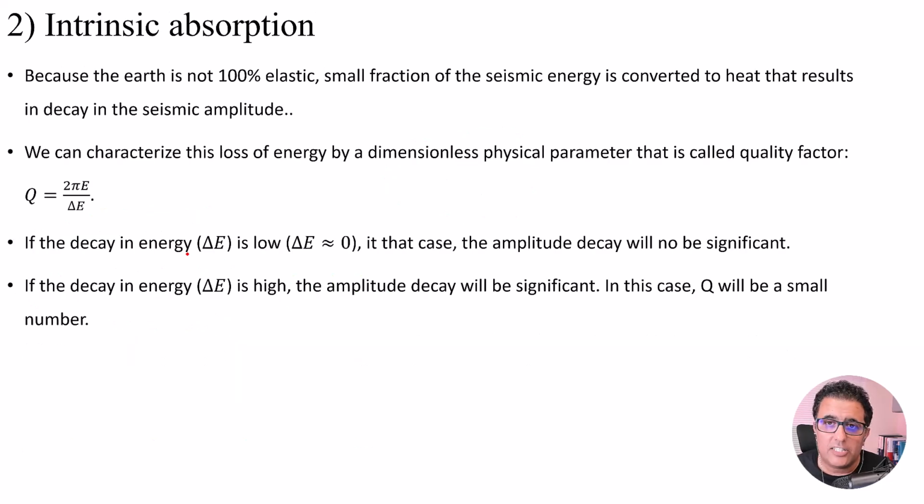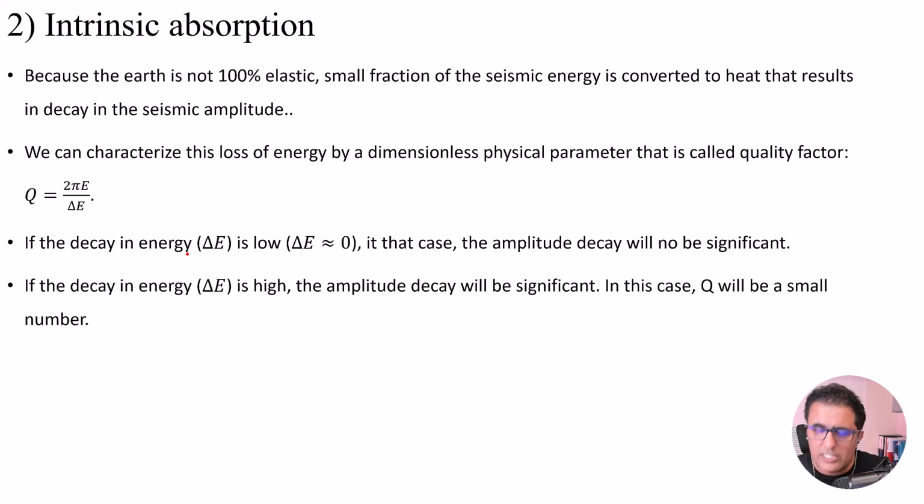Another mechanism that contributes to attenuation is intrinsic absorption. So what is that? The Earth is not 100% elastic, and it has some viscoelastic property. It means that once the seismic wave propagates through the Earth, a fraction of its energy is converted to heat.